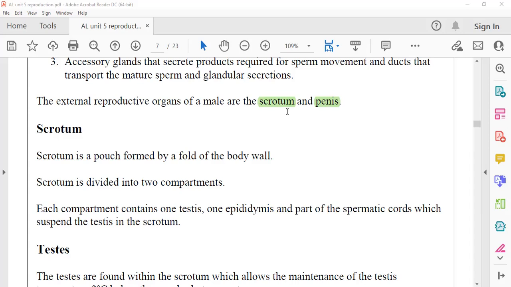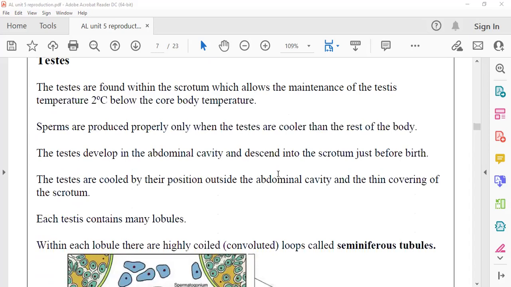Now we are going to speak about the testes. The first point I already told you, the significance of keeping the testes in the scrotum.